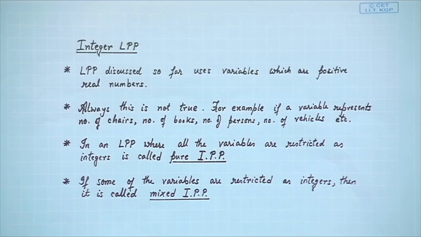If only some of the variables are restricted to integers, then we call it a mixed integer programming problem, where the variables may be integer or real numbers, whereas in a pure integer programming problem the decision variables will take only integer values.